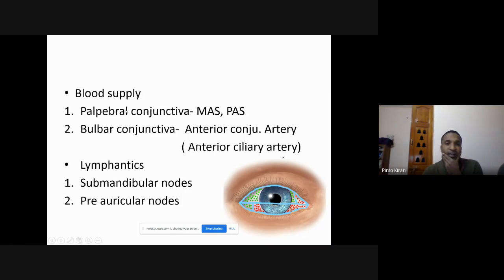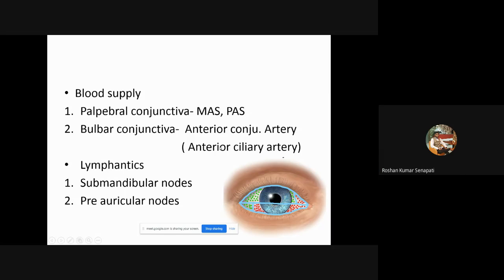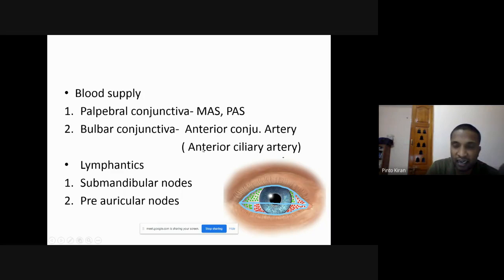But the bulbar conjunctiva is supplied by the anterior ciliary artery branch, that is the anterior conjunctival artery. This anterior ciliary artery is a branch of the muscular artery. Are you getting it? Yes, sir. The anterior ciliary artery arises from the muscular artery.